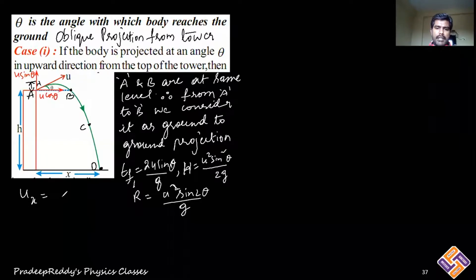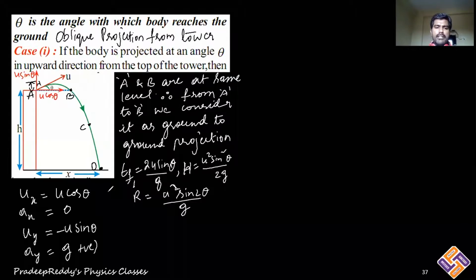So ux can be written as u cos theta, and acceleration along the x-axis is 0. Next, velocity along the y direction is u sine theta, but the body is going upward. Upward I am considering as negative, and acceleration along the y direction will be equal to g, which is positive.